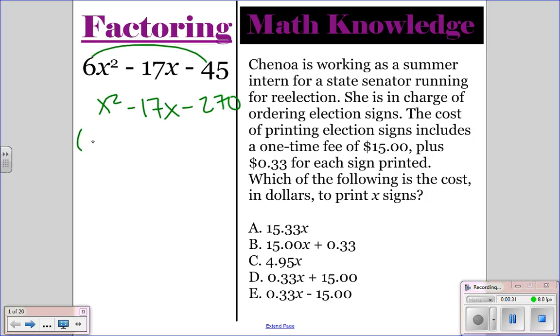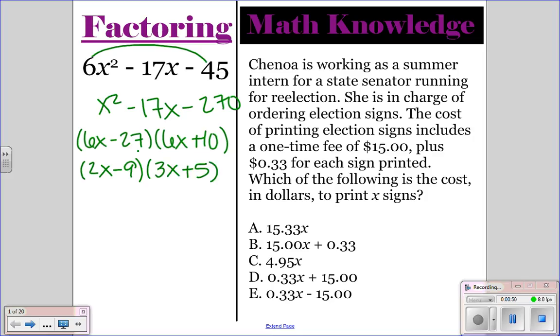So you're going to have 6x minus 27 and then 6x plus 10. This set will divide by 3, and so we'll have 2x minus 9. And then the second one will divide by 2, and we'll have 3x plus 5. And so this would be your answer to your factoring.